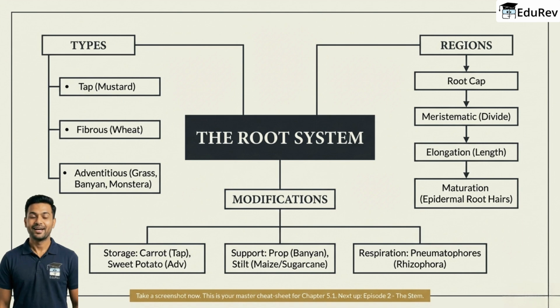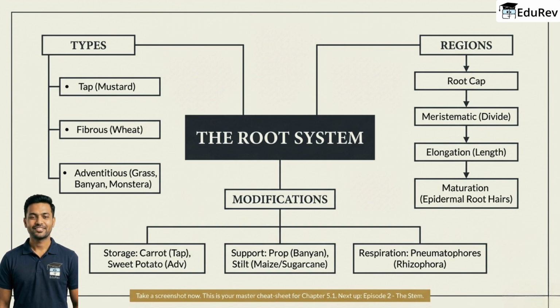Everything in this unit ties together in one clean blueprint: root types, root regions, and root modifications. Taproots, fibrous roots, and adventitious roots are distinguished by origin. Root cap, meristematic zone, elongation zone, and maturation zone define the tip.